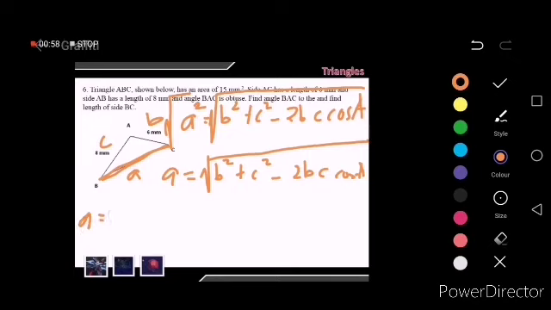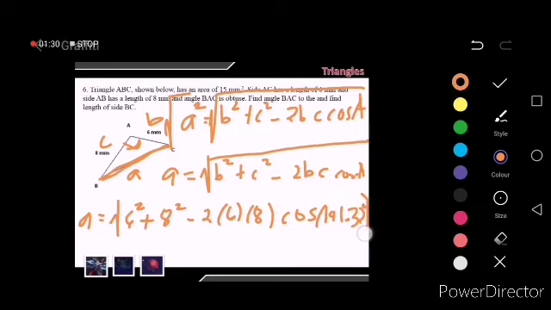By substituting the values, we'll get now B. Ano yung value ng B? Yes, 6. So, squared natin yan. Tapos, value ng C ay 8. Squared natin yan. Minus 2 times 6 times 8. And then, cosine A, yung angle na nakuha natin kanina, which is, ano na yun? Yes, 141.32.